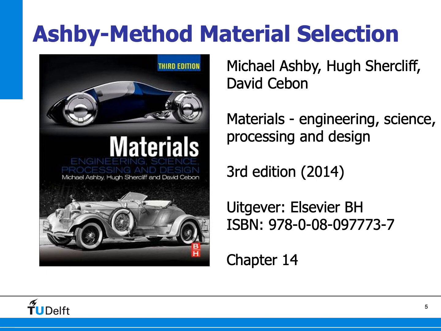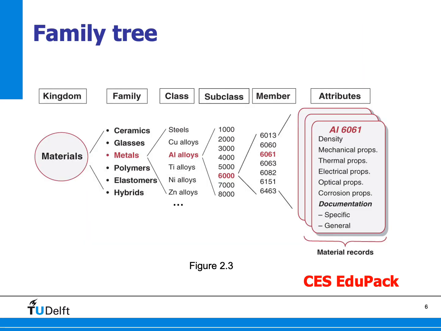If you would like to read more about it, I refer you to this book. Let's start with the family tree. The materials world, or the material kingdom, is subdivided in several families of materials, namely the following six: ceramics, glasses, metals, polymers, elastomers and hybrids.